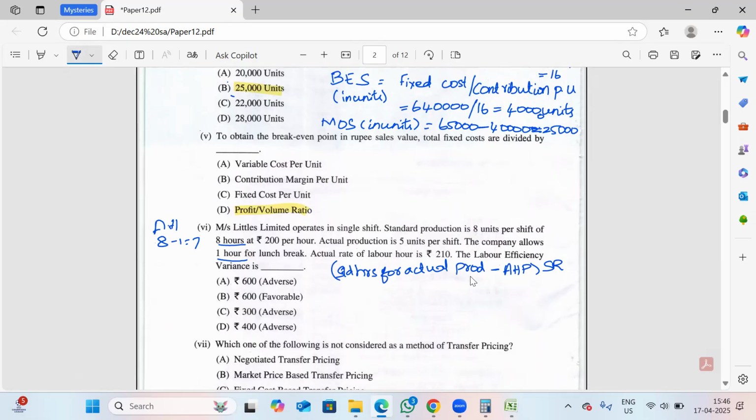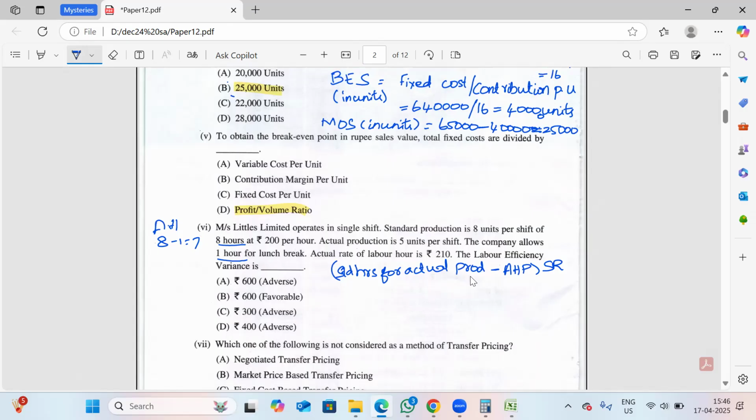My actual hours of production is 7 hours. To calculate standard hours required for actual production: 8 units take 8 hours, so to produce 1 unit I require 1 hour, that is 8 divided by 8.